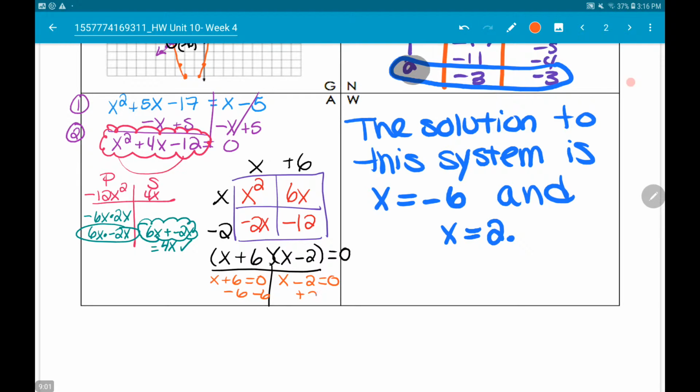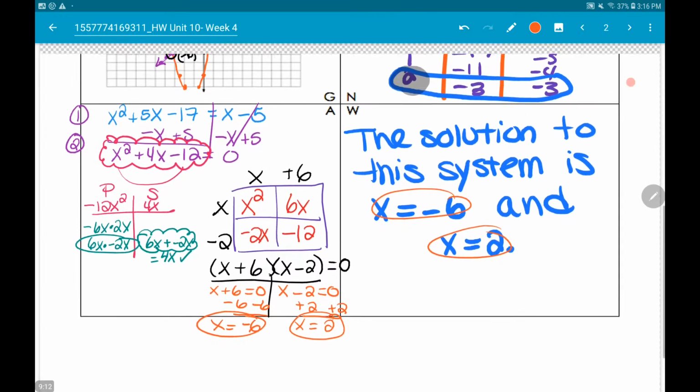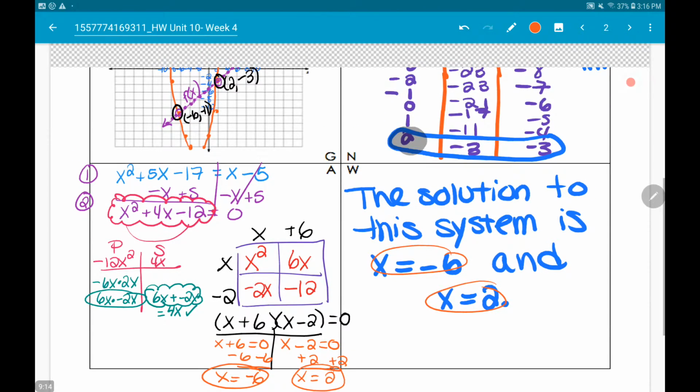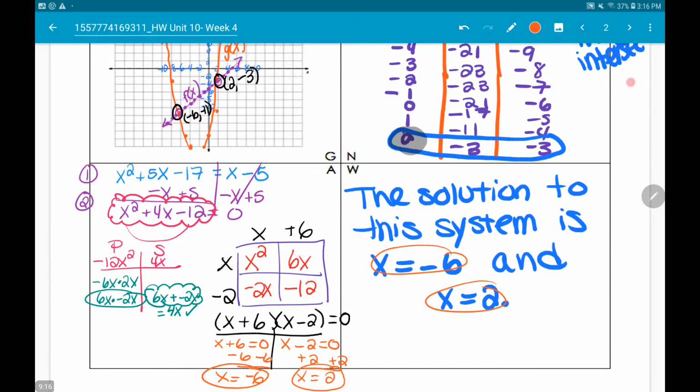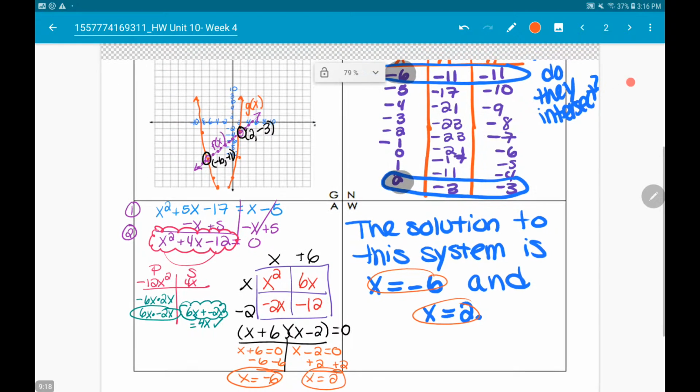Inverse. And I should get my two solutions of negative 6 and positive 2. So no matter which way I solve, I'm seeing that negative 6 and that positive 2 in all of my answers. Okay? So that's how to solve a system using all 4 methods.